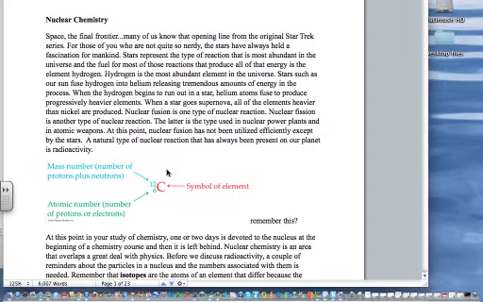And then from that point on, you don't get any heavier elements unless a star goes supernova, and then you get some heavier elements. So the birthplace of the elements found on planets begins in the stars.